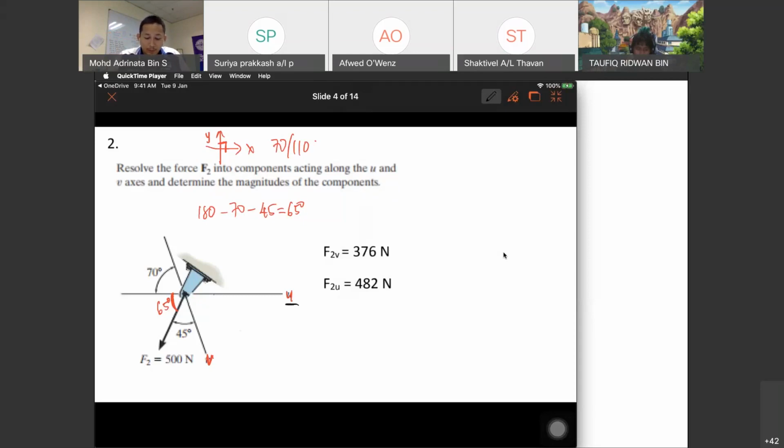So U and V, U is positive direction to the right, V is positive direction down. Okay, so next, how to answer this question? We need to divide it by V and U.